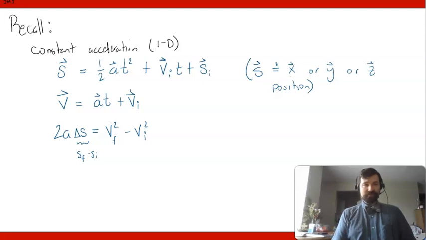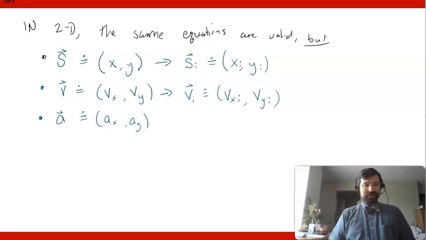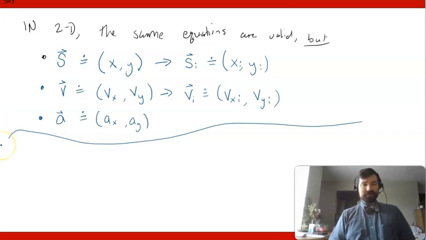equations like this, we actually end up getting a set of equations that may look like this. So we could write one set of equations for y and one for x. So x would represent 1/2 ax t squared plus vx initial t plus x initial.